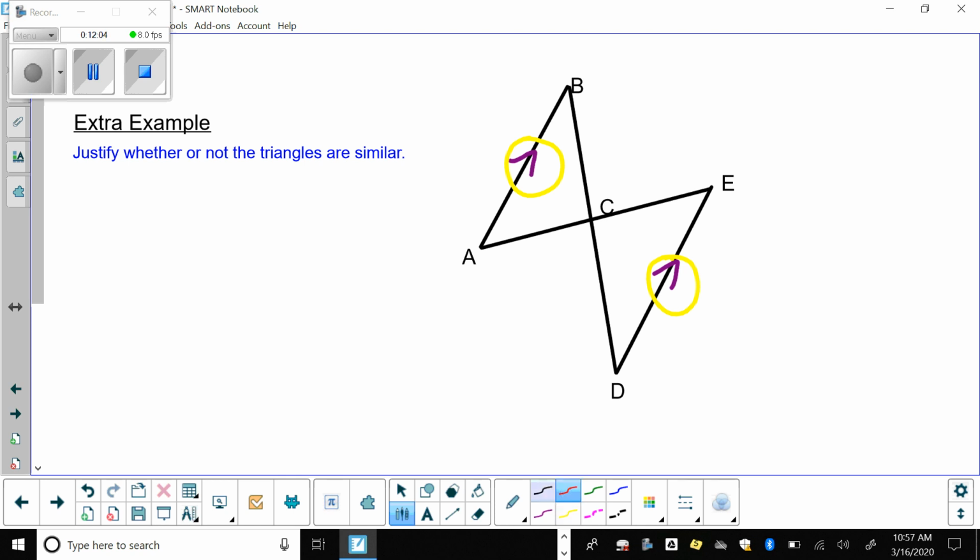If I was to extend this, here is my transversal. And you would hopefully tell me angle A and angle E are congruent to each other by alternate interior angles.